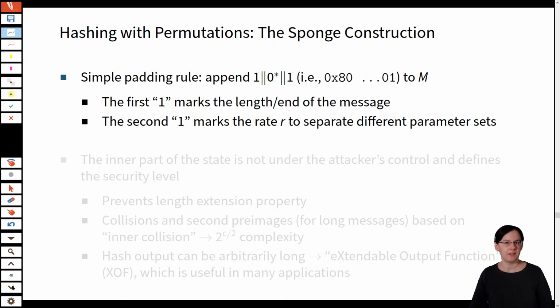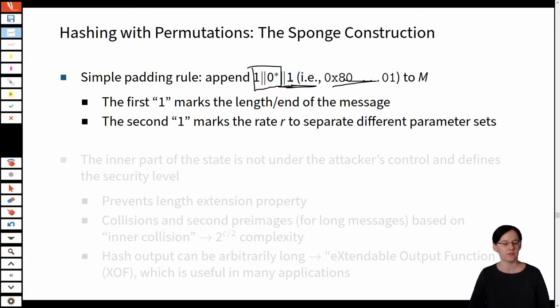Of course, we also need a padding rule here, but this can be a bit simpler than for Merkle-Damgård. So for the sponge, or for Keccak specifically, the padding is simply we append a 1 bit and as many zeros as we need. In the case of Keccak, there's also one initial thing we need to XOR, namely, here I am.